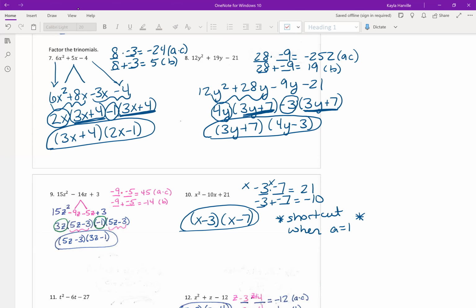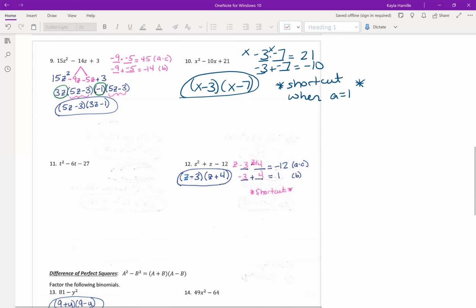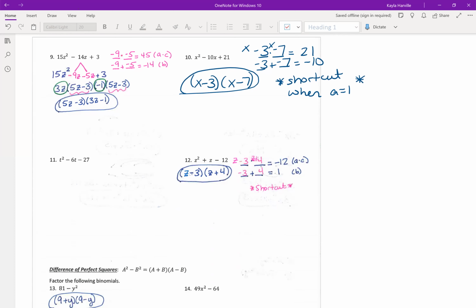You could also do this by grouping. So t squared minus 6t minus 27. 1 times negative 27 is negative 27. We're going to add to be negative 6.